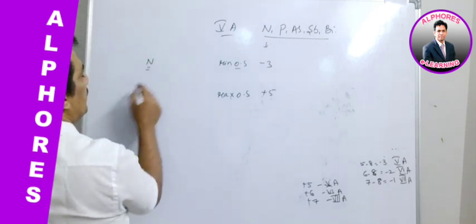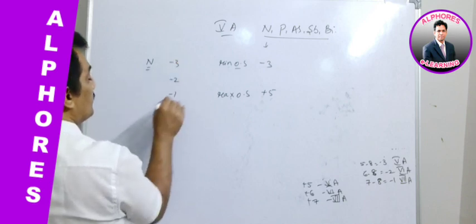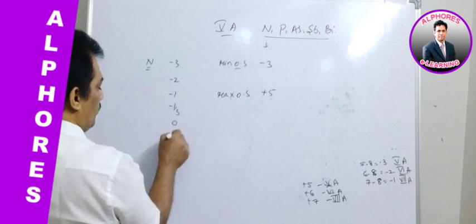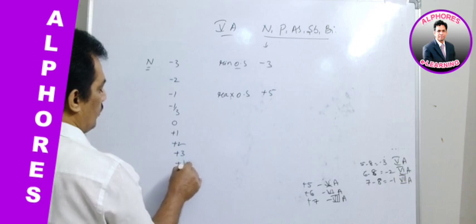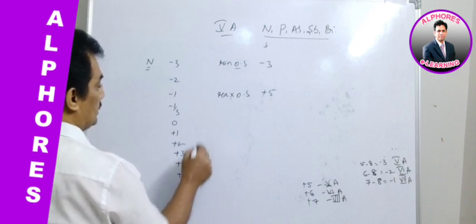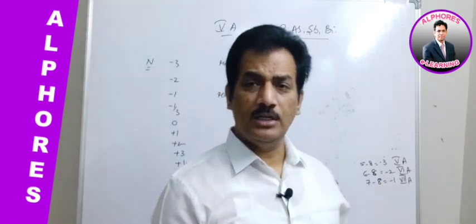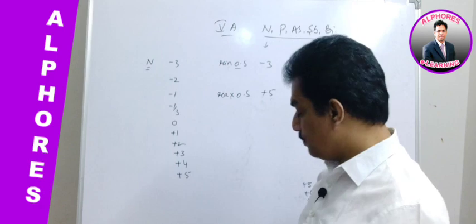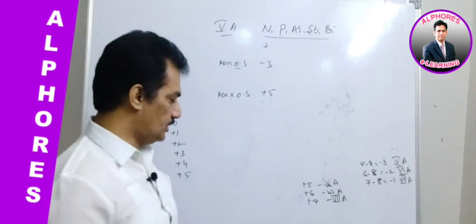Nitrogen can exhibit -3, -2, -1, -1/3, 0, +1, +2, +3, +4 and +5 oxidation states. All these are possible. The maximum variability we are finding in nitrogen. Clear? And let me give examples for all these different oxidation states.